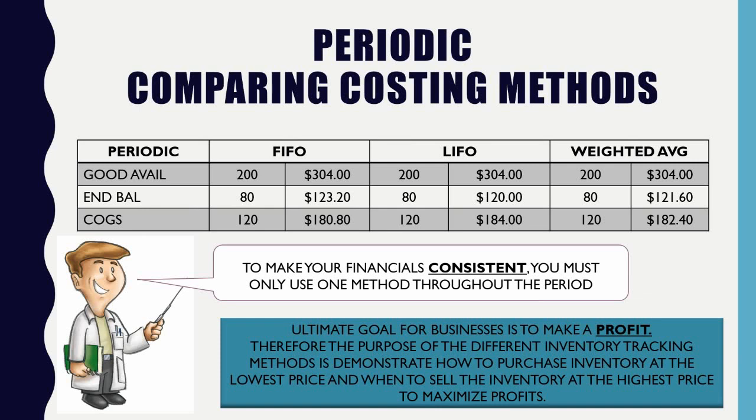So how you determine which method works best for you is going to be based on your company. So whoever the accountant is, if they say, I like weighted average better, I want everything to be consistent and just be sold as weighted average. Okay, the accountant says to do it that way. All right, then I have to do it that way.